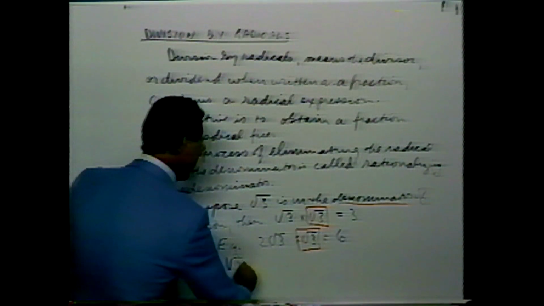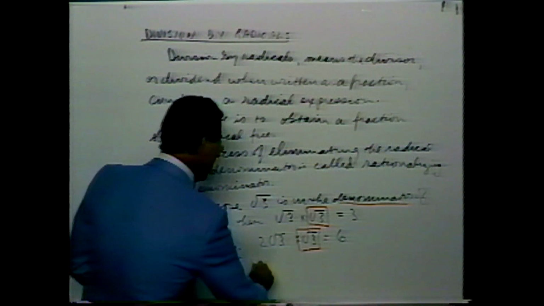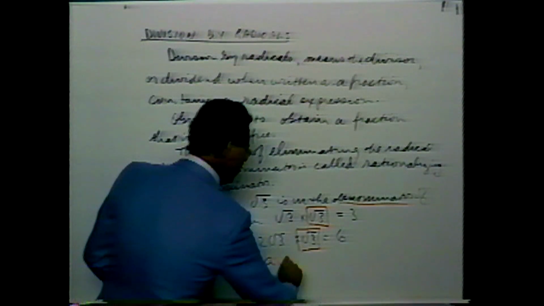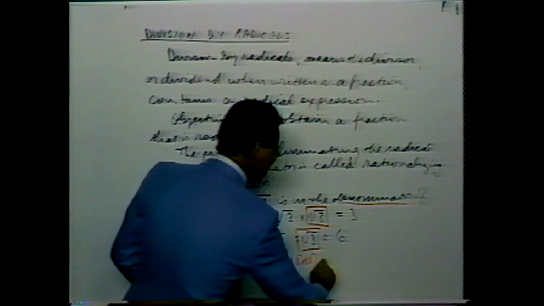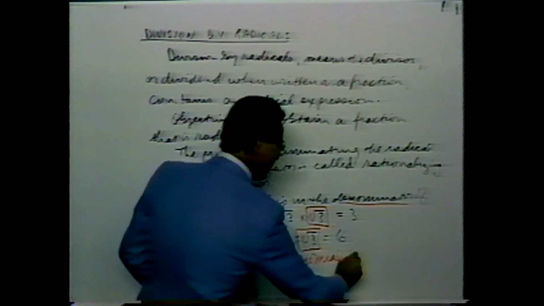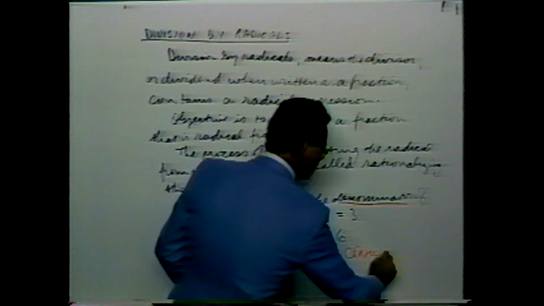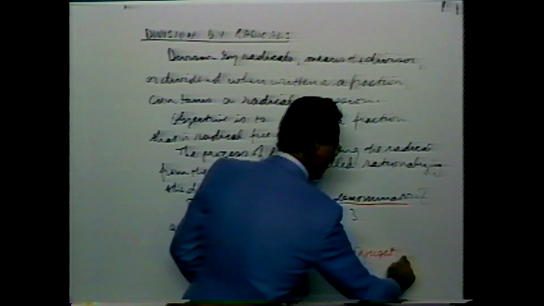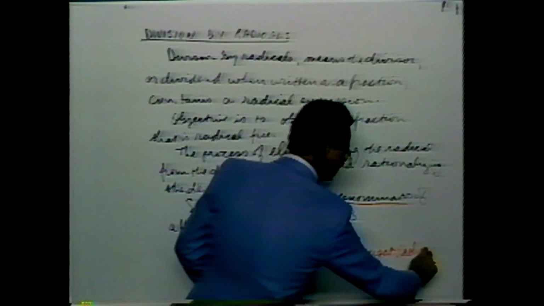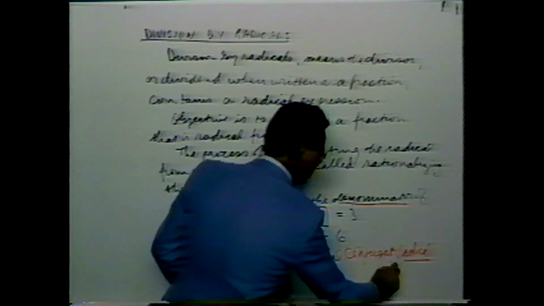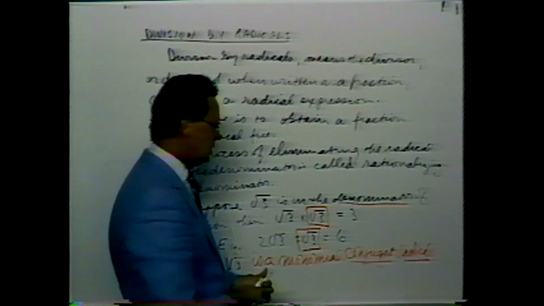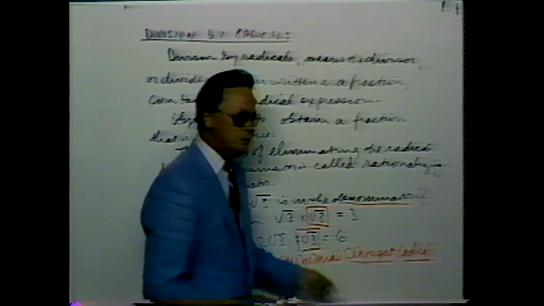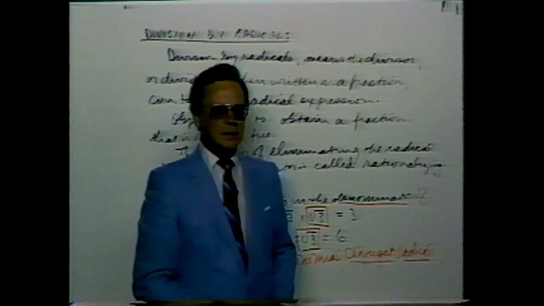The square root of 3 is a monomial conjugate radical. The conjugate radical is used to produce a radical-free expression, where we're dividing by a monomial.